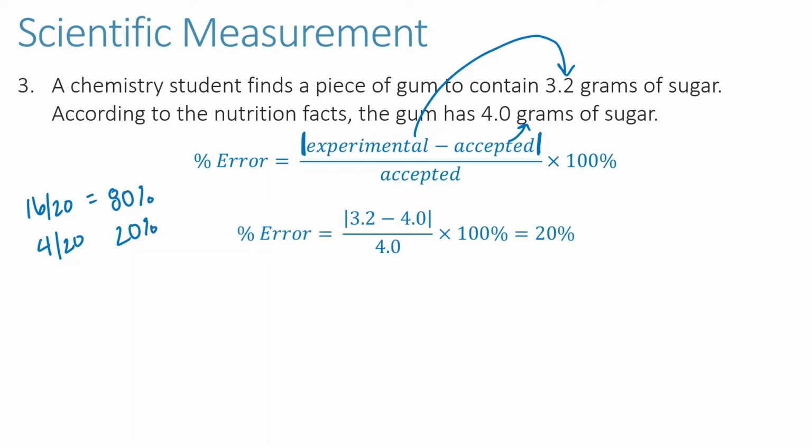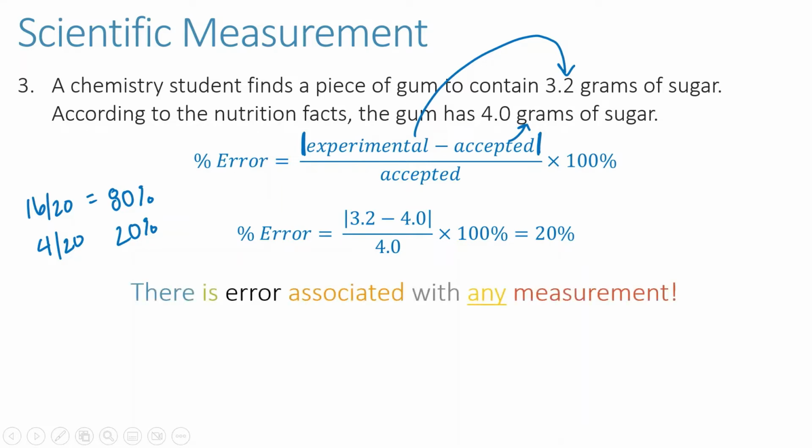Remember that these absolute value lines are going to make that difference a positive number. So you're not going to have negative 0.8 here, you're going to have positive 0.8. Then when you divide by the accepted value, that's going to give you some fraction. And then if you multiply by 100%, we get 20% here.